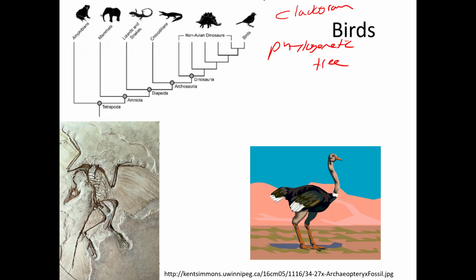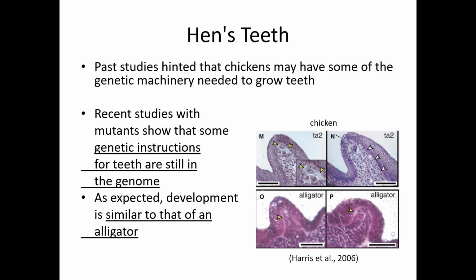Now, if birds are closely related to all these reptiles, we would expect that they would have the genes for teeth, even though birds don't have teeth. And those teeth would be kind of like those of crocodiles or dinosaurs. Well, occasionally we see this. We see atavisms in unhatched chicks. These chicks usually don't survive and hatch, but we can see that, first of all, chickens have the genes for teeth. We found those genes. And that occasionally those teeth get turned on. The genetic instructions for teeth are still in the genome.